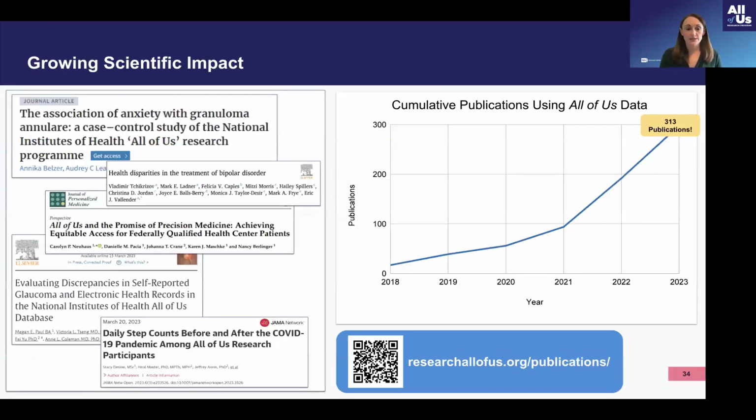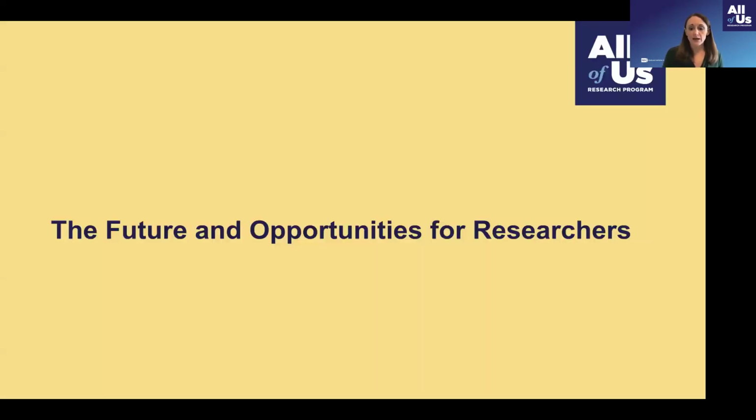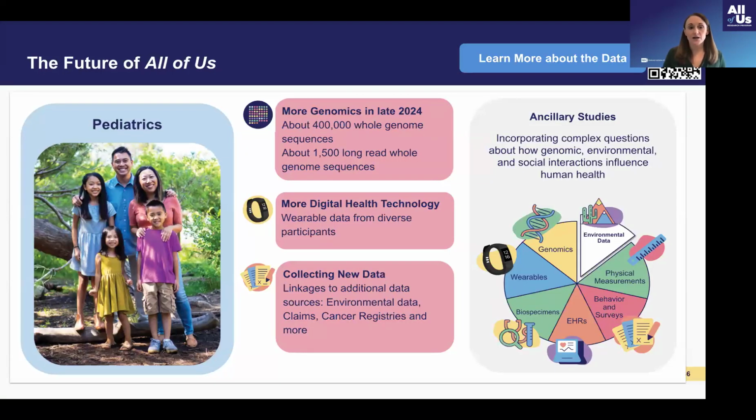We have a growing scientific impact, as I mentioned already, over 350 publications and going, and this is just going to keep growing over time. And I want to give you a hint about where we're going and future opportunities that we have. The first is we launched a beta version of our pediatrics at the end of last year.